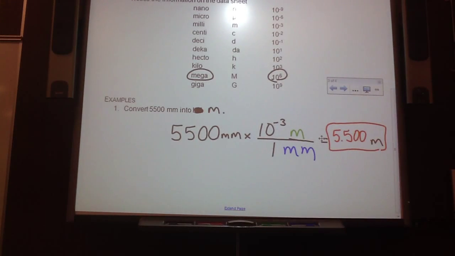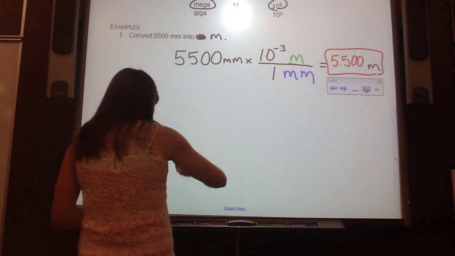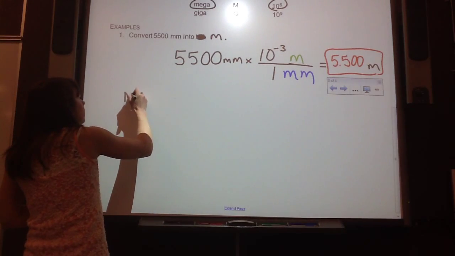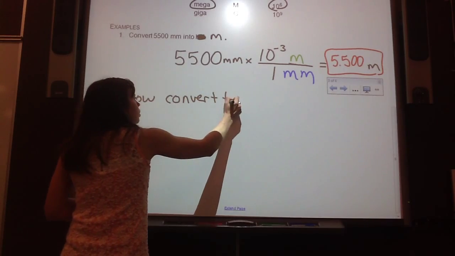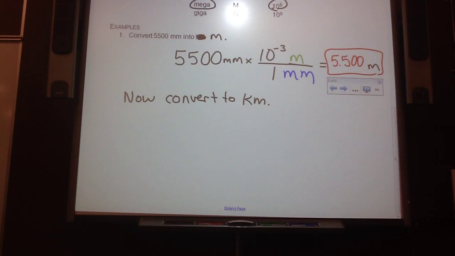So, let's just take a little bit more space here. And now let's say we have to now convert to kilometers. Okay? So now we're going to convert that to kilometers.